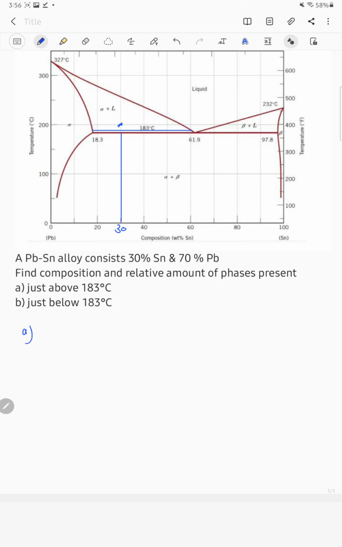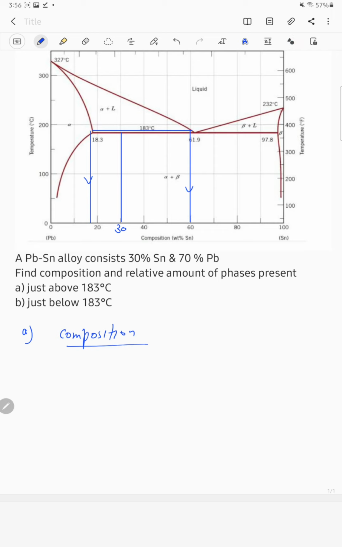First we will talk about composition. This phase is alpha. What is the composition of the alpha phase? Draw a vertical line from this point, and similarly here, this phase is liquid, so draw a line.